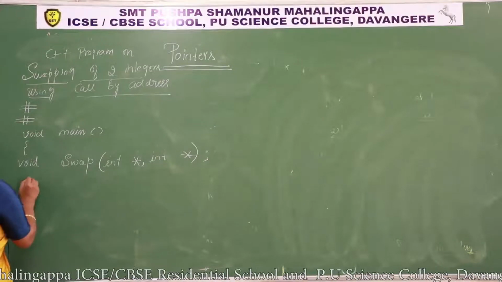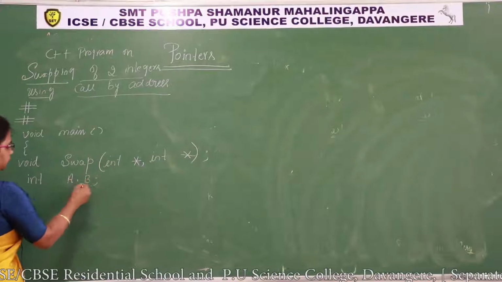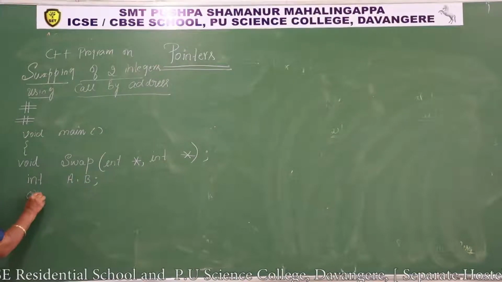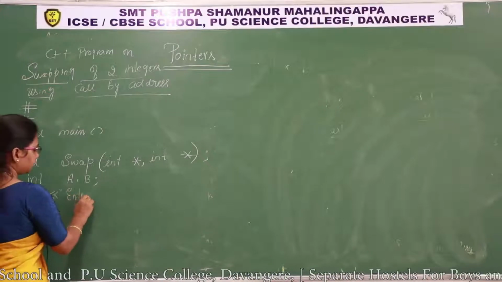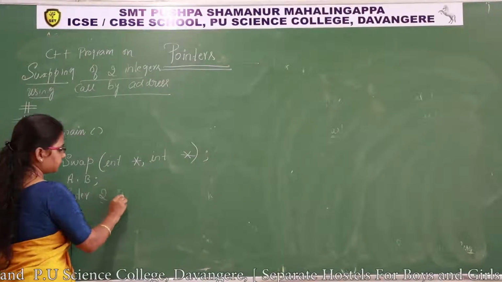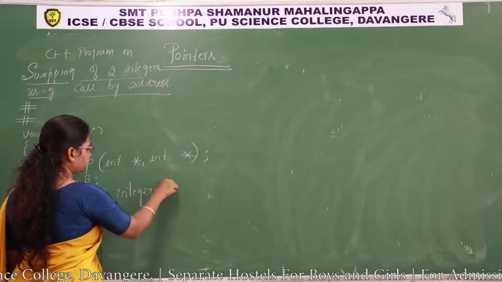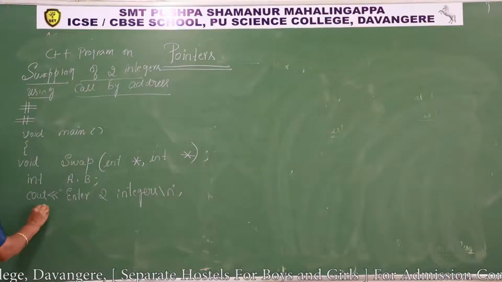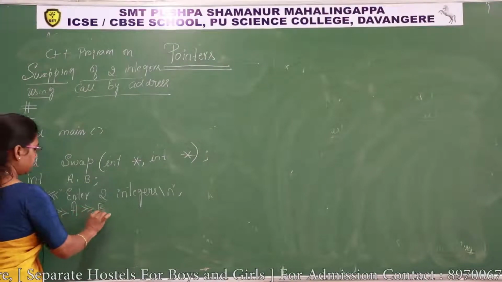Now int a comma b, cout enter two integers. cin extraction a, extraction b.